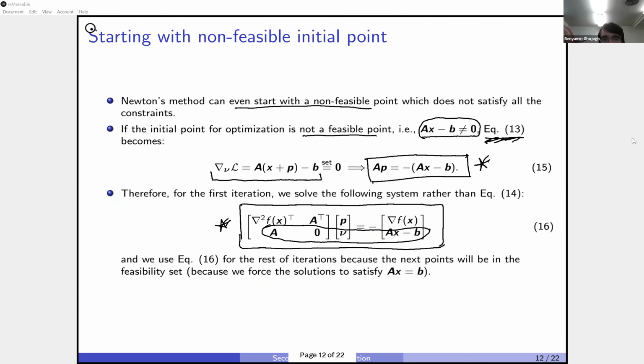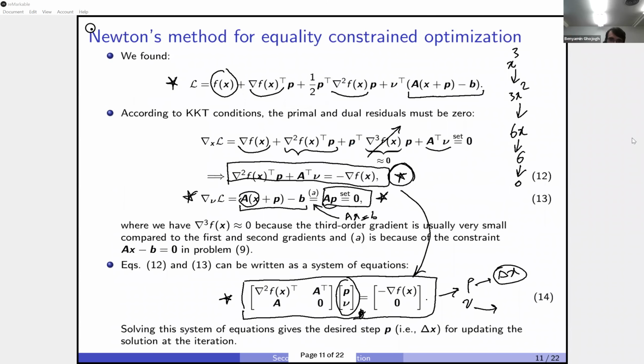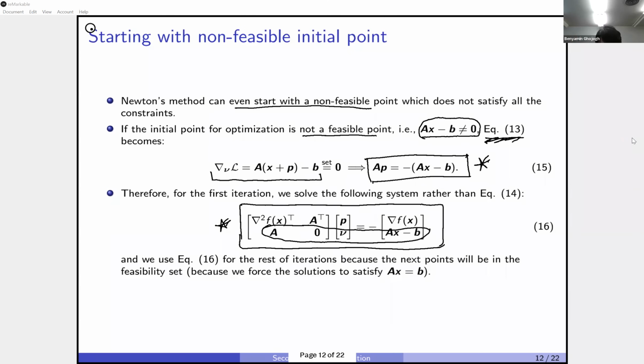So this is the only difference. But in the second, third and later iterations, we don't need to use equation 16 anymore. We can use equation 14. Why? Because we know the updated solution will definitely be feasible. So as long as the solution is not feasible, we can check. Maybe.